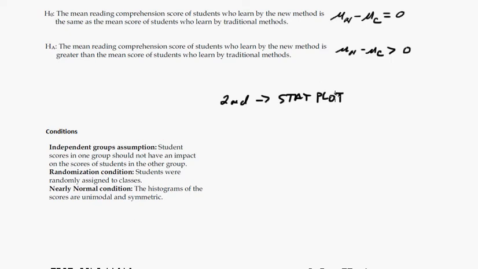I guess I should have done this ahead of time, so I apologize, but my calculator has data from, I think it's the second one. Let me check. Yeah, L2.